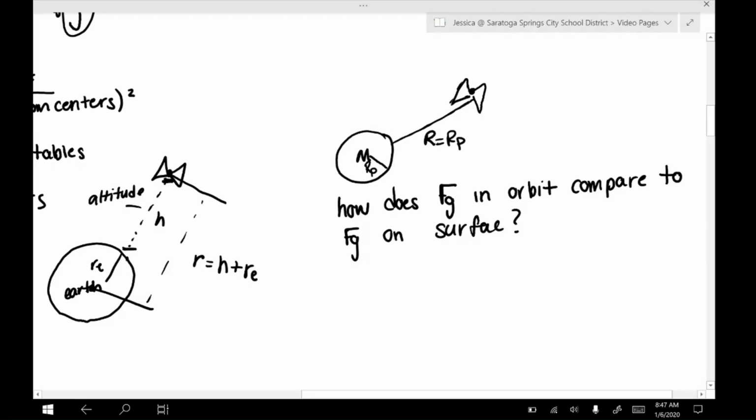So we are now at a grand total of 2 radii of the planet from the center. Okay? So the masses haven't changed. Big G hasn't changed. What has changed is we have doubled the distance. So we essentially want to ask ourselves, if we double that r, then what happens to Fg?